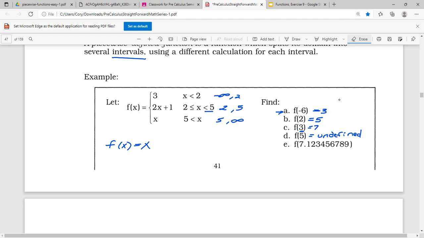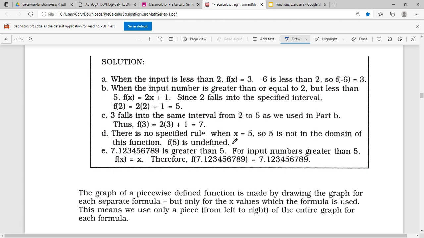So if we're trying to find f of 7.123456789, every time we have x, replace it with that. So it's just going to equal 7.123456789. And that would be the answer to that one. It's greater than 5 for that input, so f of x equals 7.123456789.